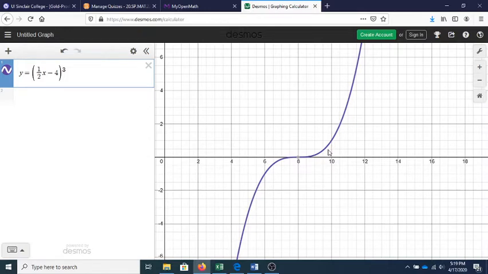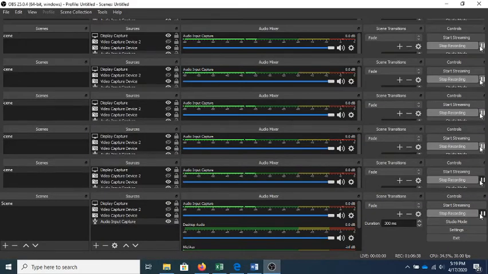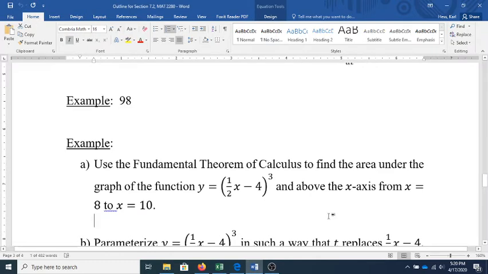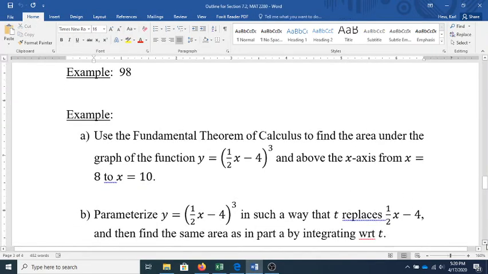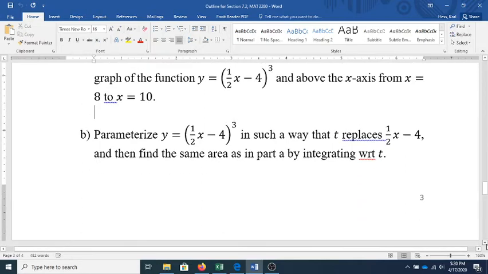Anyway, back to the outline. Now that we know what the answer should be based on skills we've learned in the past, we're basically going to redo it parametrically.